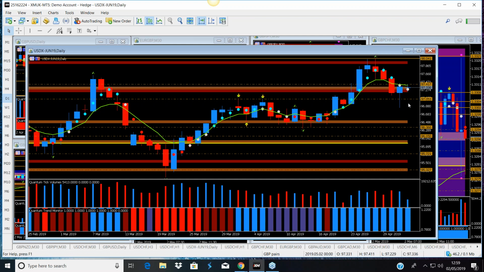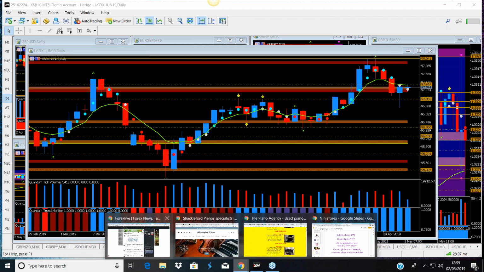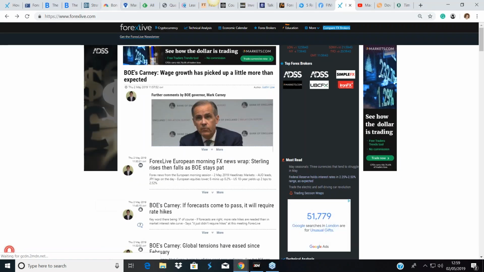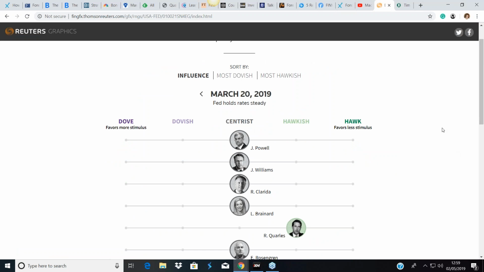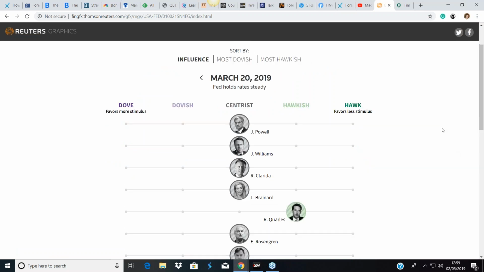The metrics that they use, there's a lot of data out there which gives some conflicting information, if you like. But the market expectation, looking at the technical picture, is that the Fed would be more accommodating, very dovish. And when we look at the Fed, this is quite interesting: you have to understand the makeup of the current Federal Reserve.